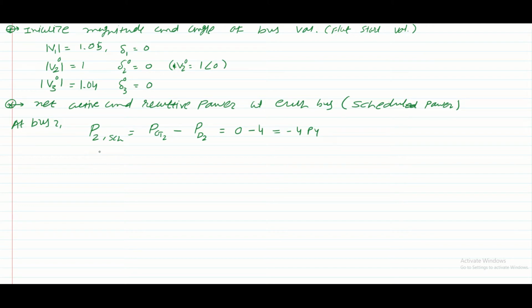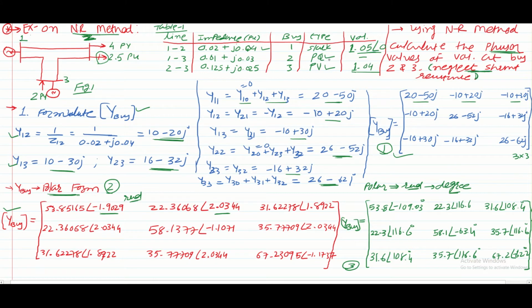Similarly, we will calculate the reactive power at bus number 2, which is Qg2 minus Qd2. Here again, look into the data where the reactive power is given as 2.5 per unit, but arrow outward to the network, which means it is demanded.